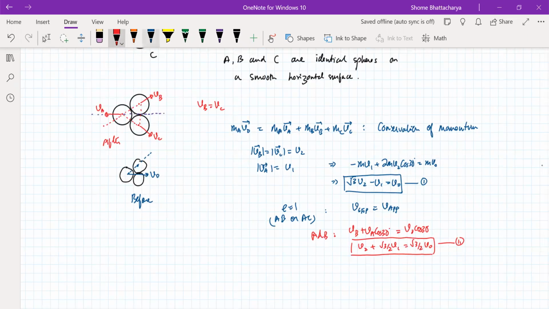So what we can do here is take equation 1, and we can take equation 2 and multiply it with root 3. Okay, so we'll have root 3 V2 plus 3 by 2 V1 is equal to 3 by 2 V naught.